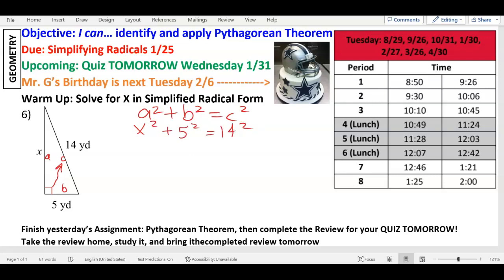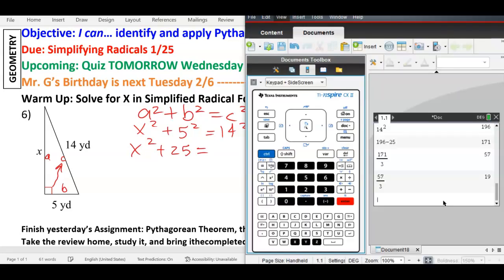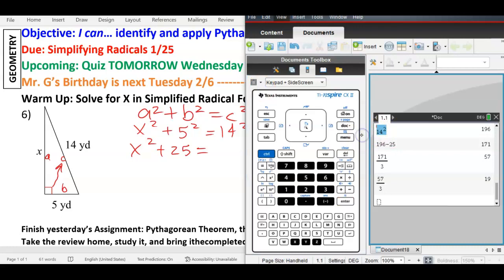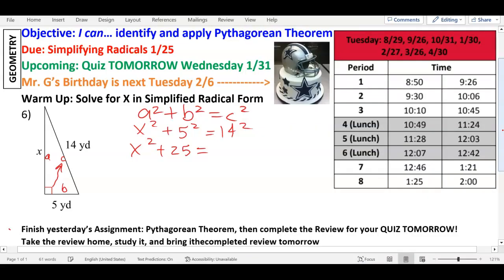Okay, so this is like number 2 and number 4 on your notes yesterday. When you have a missing leg, okay, we're going to square these numbers. What is 5 squared? 5 times 5. 25. What's 14 squared? 14 squared is 196. Okay, now I need to solve this for x.